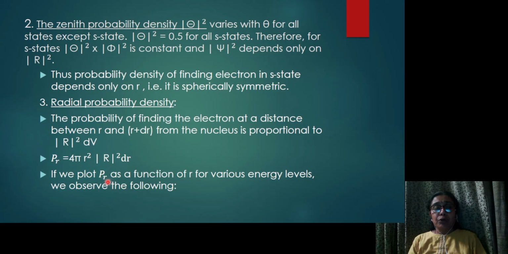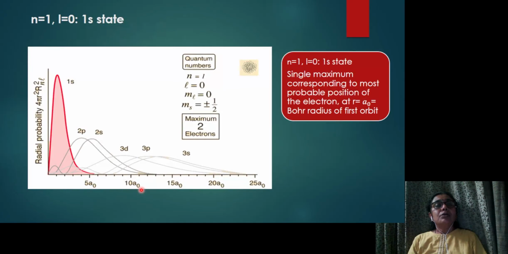So if we plot P(r) as a function of r for different energy levels, that is 1s, 2s, 2p, 3s, 3p, 3d, then we will obtain some graphs that we are going to discuss in the following slides. Let us consider n equal to 1 and l equal to 0, that is the 1s state.